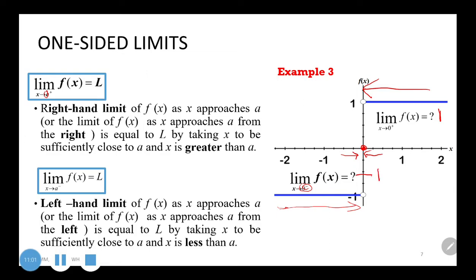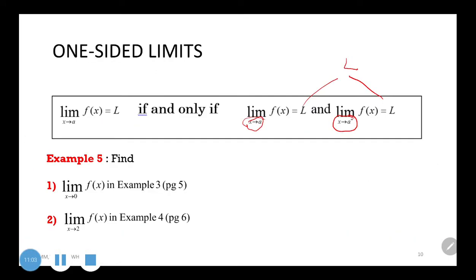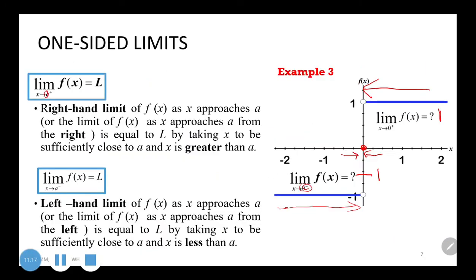So this means the limit does not exist because it is not the same value. From the positive side it is 1, and from the negative side the value is minus 1.